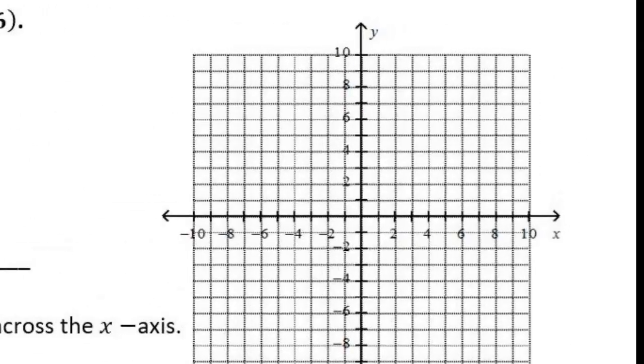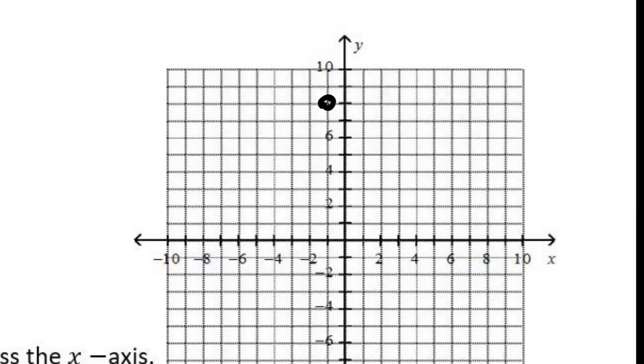So A is -1, 8, way up here. And B is -5, 6, right over here. And then I need to connect those. You guys will absolutely have straight edges tomorrow.